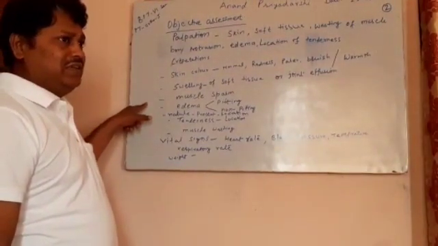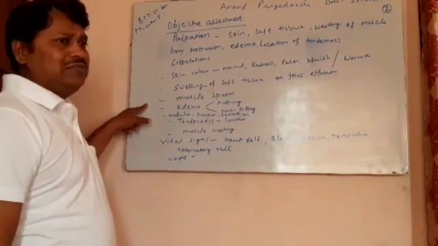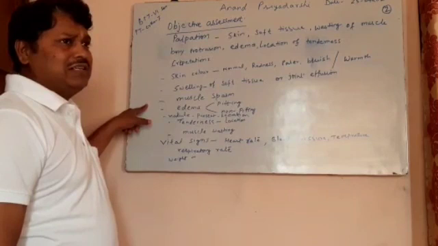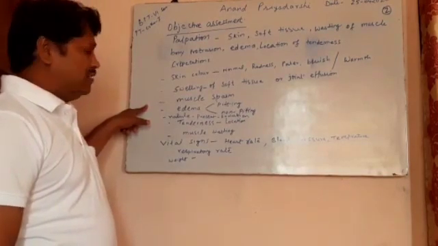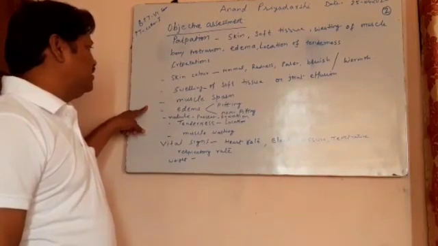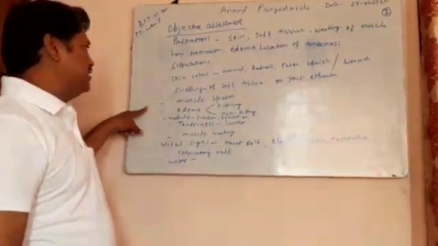If a change in facial expression is present, then muscle spasm is present. Generally, in acute conditions, sprain and other inflammatory conditions, muscle spasm may be present.